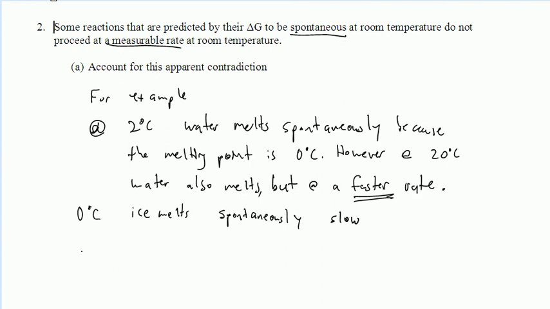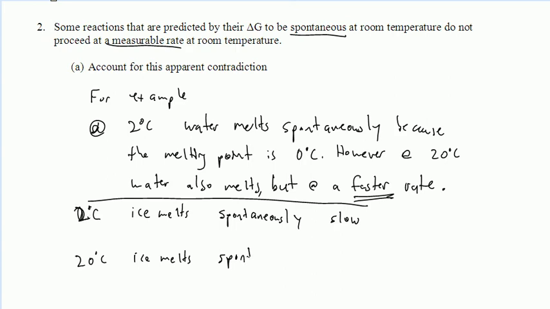And at 20 degrees Celsius, ice melts. That's also spontaneous. I'm sorry, this was at 2 degrees Celsius, spontaneously, but fast. So notice here, in both cases it's spontaneous, or delta G is less than 0.